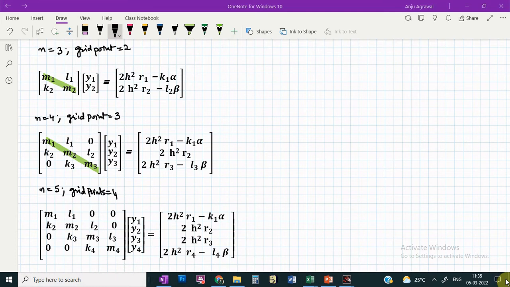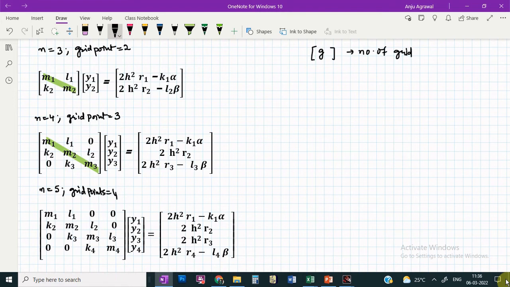For 4 grid points, we have 4 diagonal elements. And the A matrix is a 2 by 2 matrix for 2 grid points, a 3 by 3 matrix for 3 grid points, and for 4 grid points, we have a 4 by 4 matrix. So the order of the matrix depends upon the number of grid points. So say we call G the number of grid points.